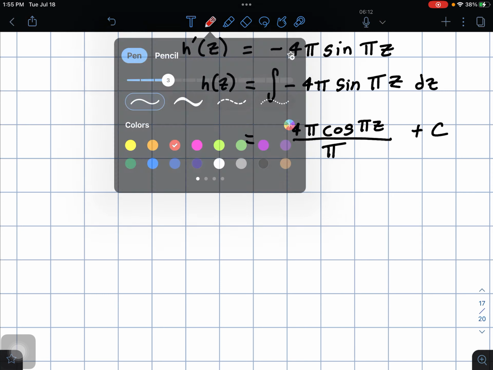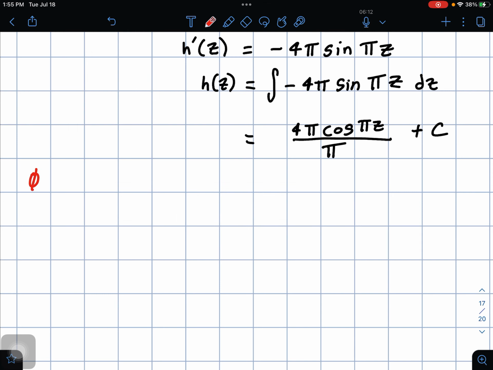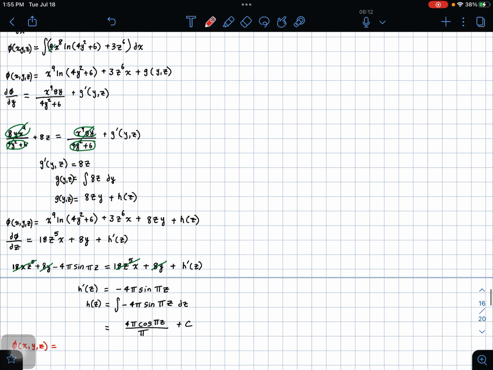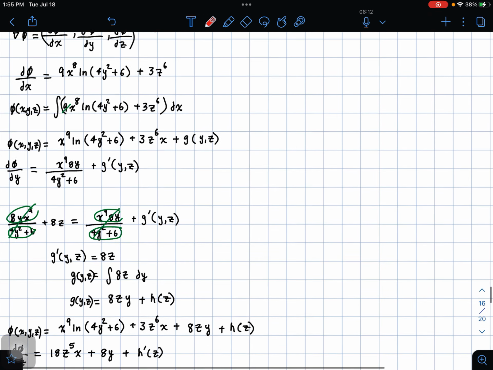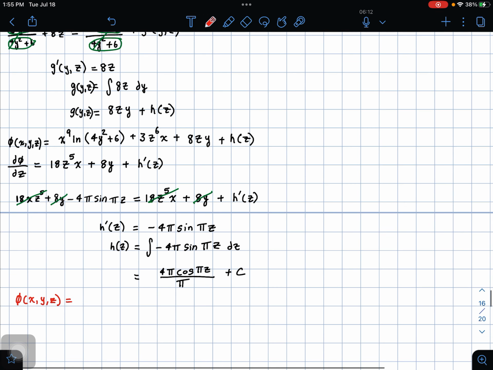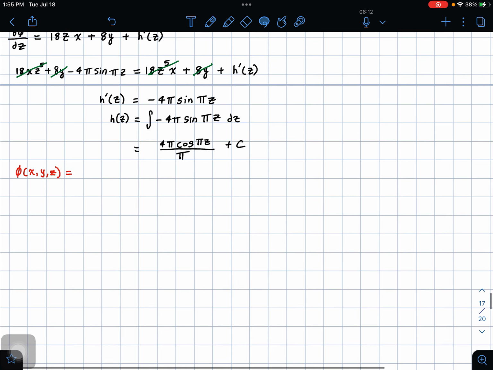I'm gonna write this in red because it's important. Phi at x, y, z is equal to, so originally what did we have? Okay, it was here, this thing.